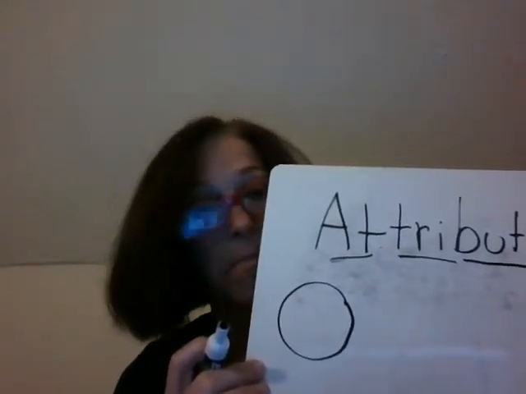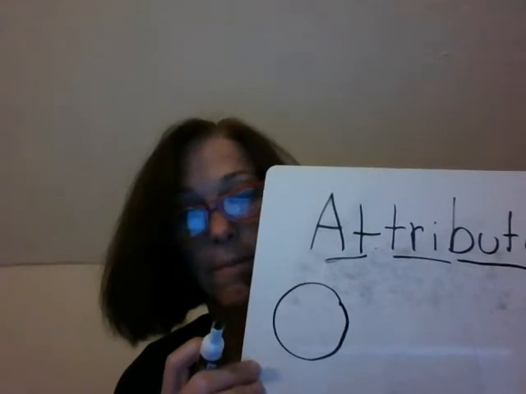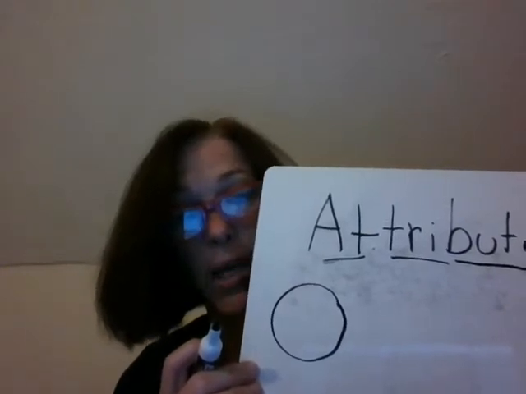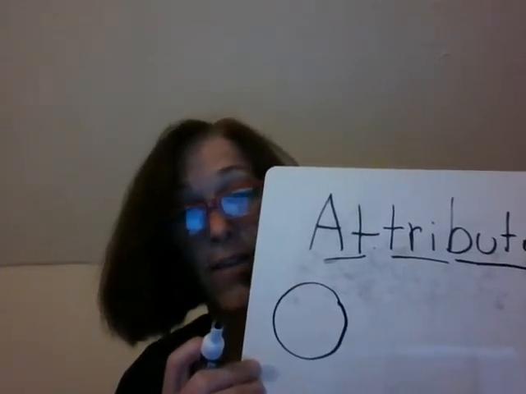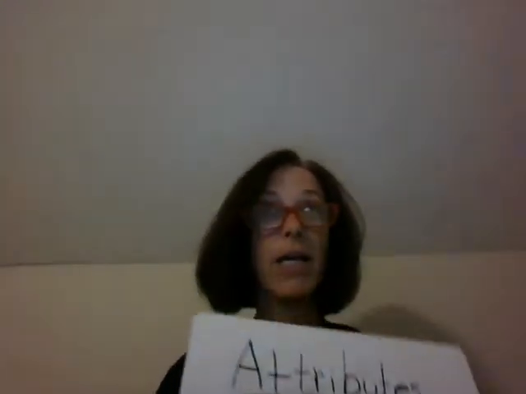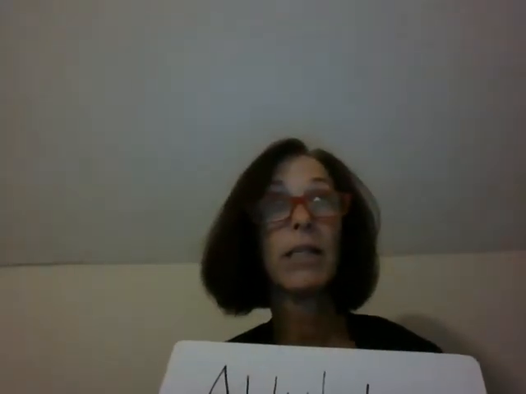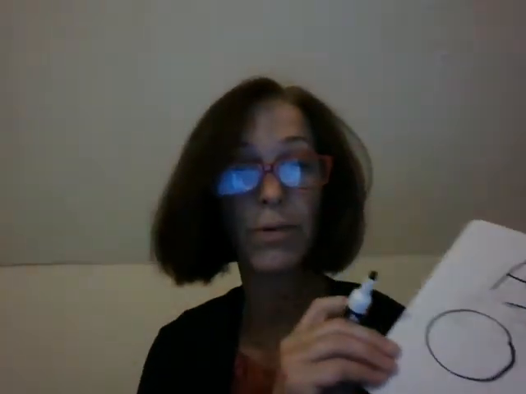So this has no straight lines. So if I said that I'm thinking of a shape that has no sides and no corners, you would immediately tell me it's a circle. That's an attribute for a circle. Beautiful. All right. And these are flat. We're not talking sphere. Okay.